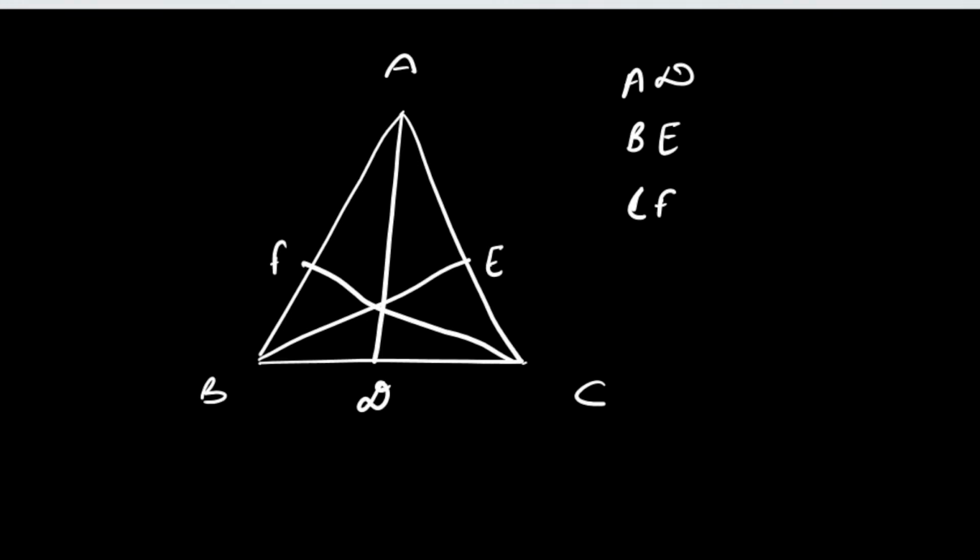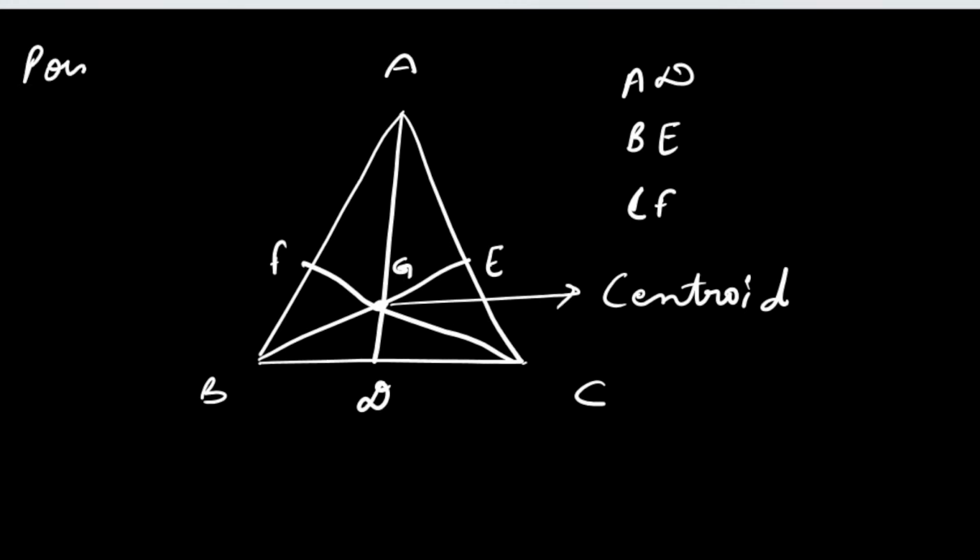These are the medians of the triangle. Here you can see these medians are intersecting at point G. This point G is known as the centroid of a triangle.